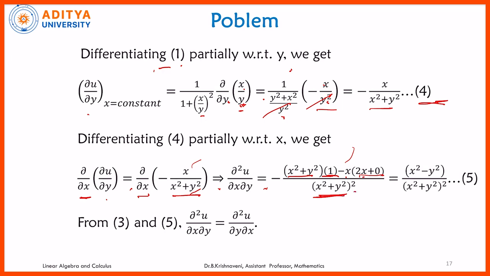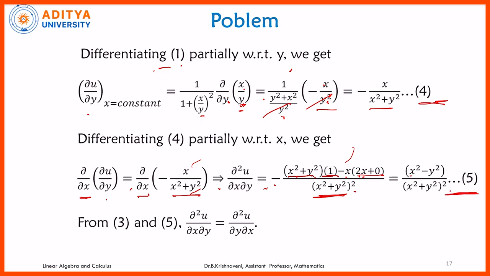That is equal to minus of x square plus y square minus 2x square, that is y square minus x square, and we have the minus before it. So this can be written as x square minus y square by x square plus y square whole square.